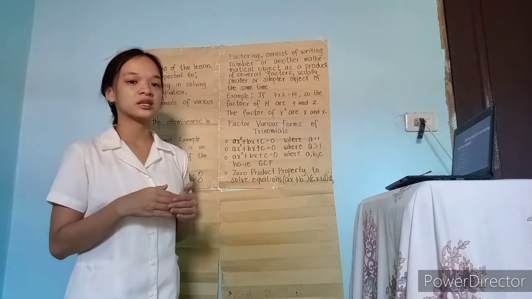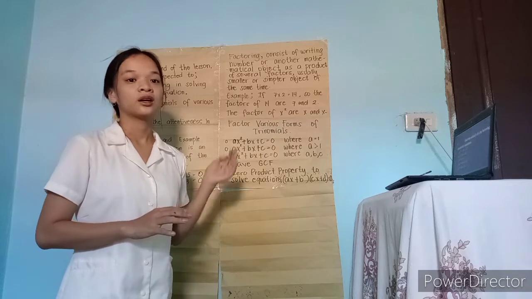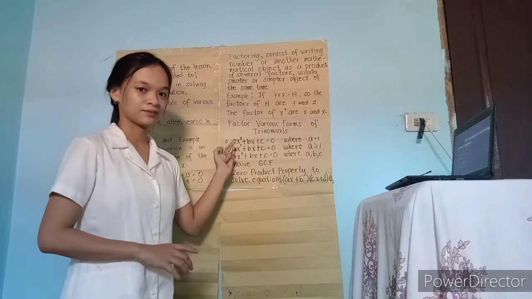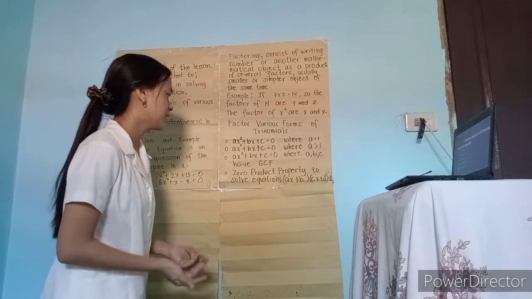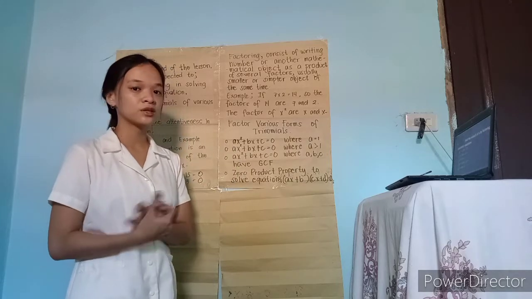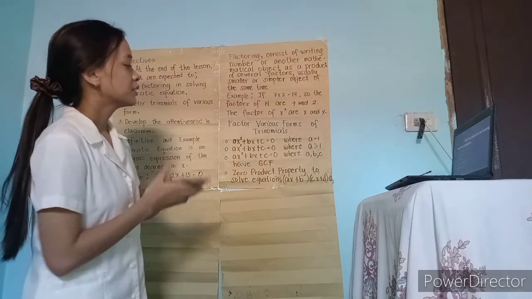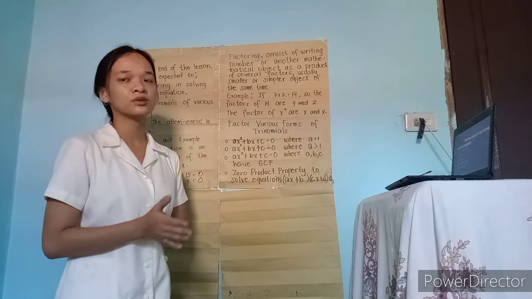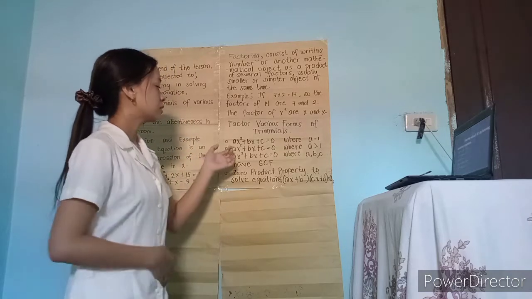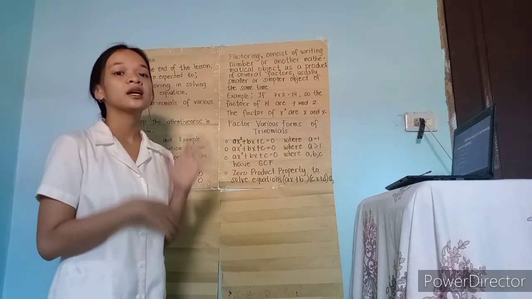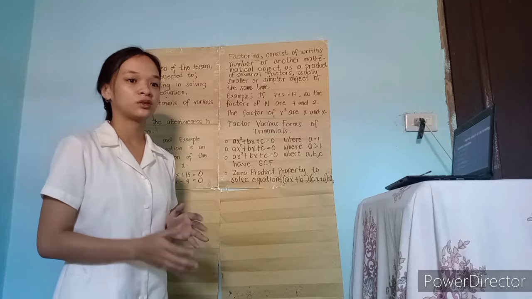It is easy to factor the quadratic equation when a is equal to 1. Okay? Next, ax squared plus bx plus c is equal to 0, where a is greater than 1. When a is equal to 0, it cannot be called a quadratic equation, meaning a is not equal to 0.